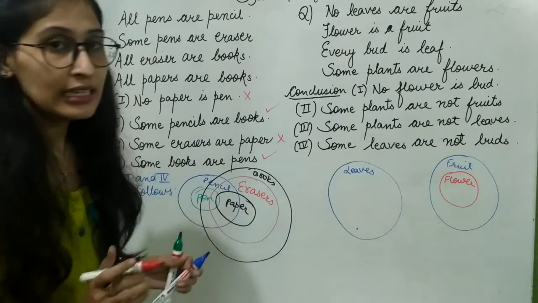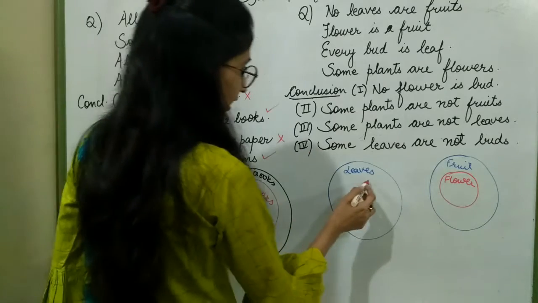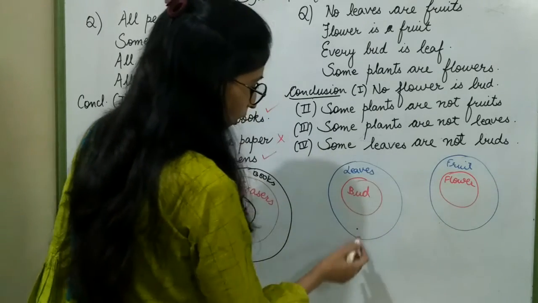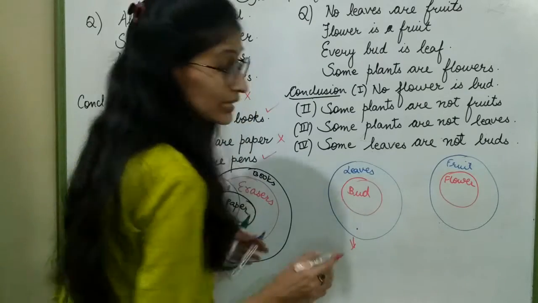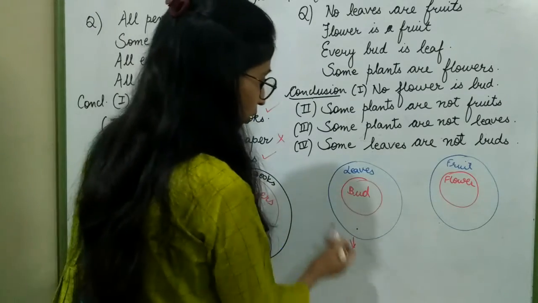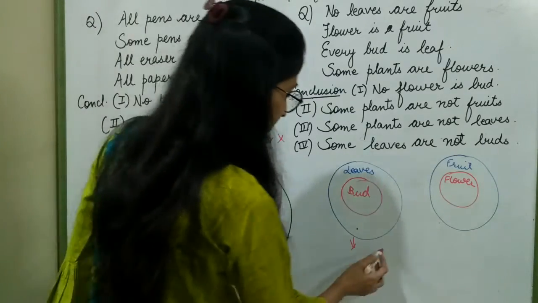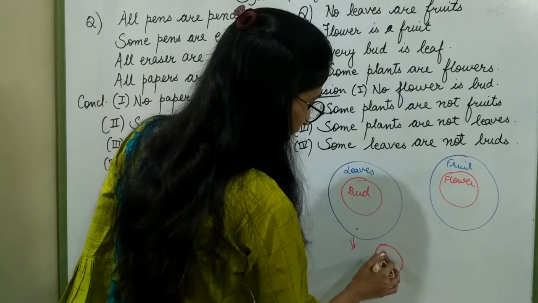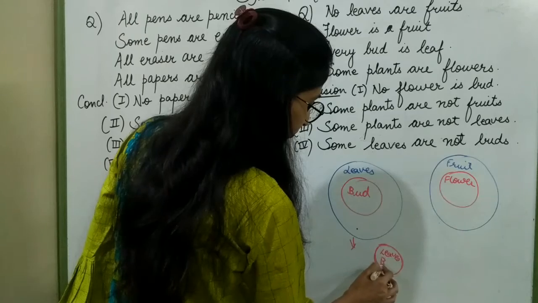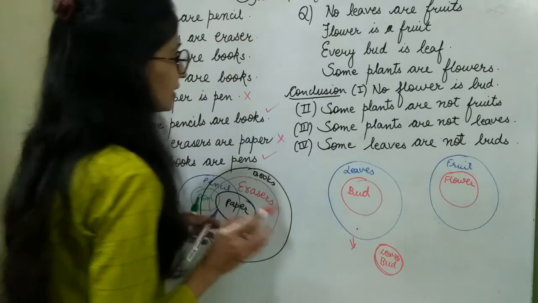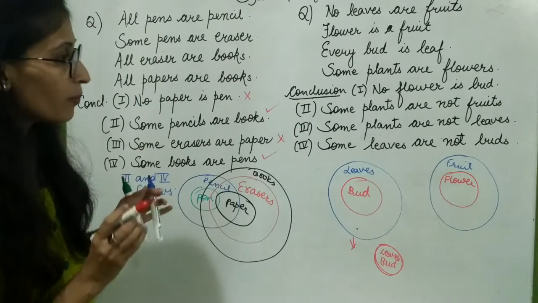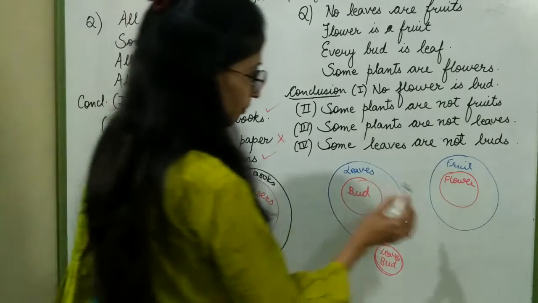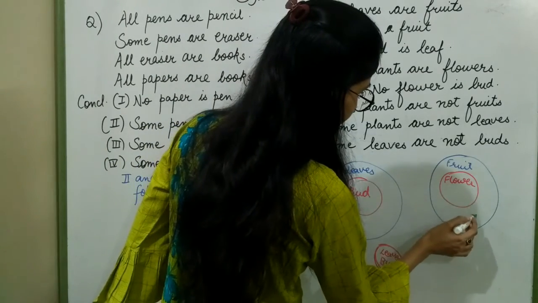Every bird is a leaf. So I can draw bird either like this, or for the case of all, the overlapping condition is also there. So the bird and the leaves will overlap. Next statement is, some plants are flowers.